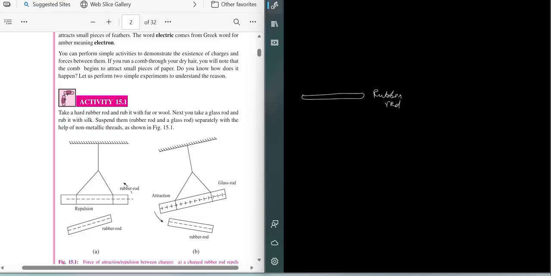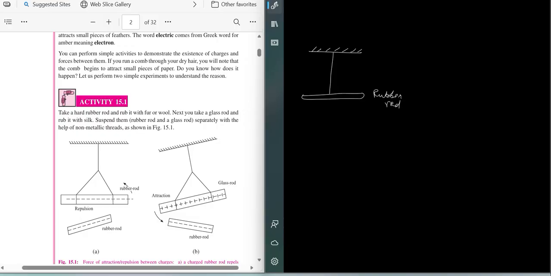It will attract tiny bits of paper. Once it is rubbed with fur or wool, we hold it with an insulator, not directly with our hands, so that the charge does not get transferred. If we hang it through a thread, this is called a charged rubber rod.